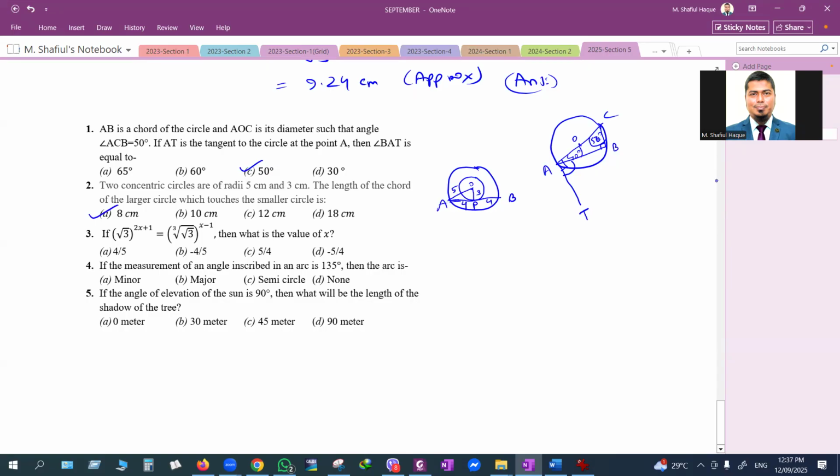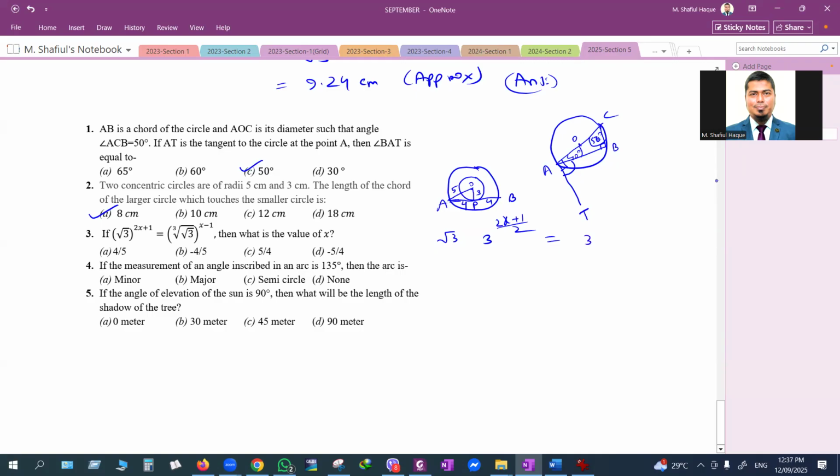And now this one, number 3, root 3 to the power 2x. So root 3 to the power 2x can be written as 3 to the power 2x plus 1 by 2, and cube root, then again a root over 3.